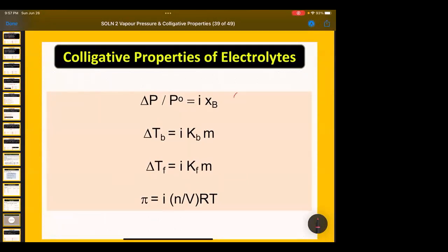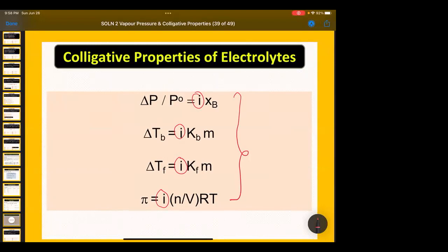So these are the formulas in front of you. The formulas are same, just there is an i inserted, because i will tell you how many times the particle will become. For NaCl, the actual number of particles will be twice. Suppose you took 1 mole of NaCl, the number of particles will be twice.